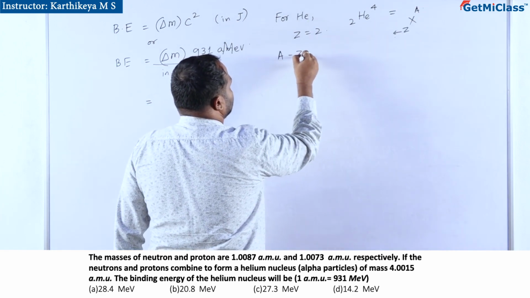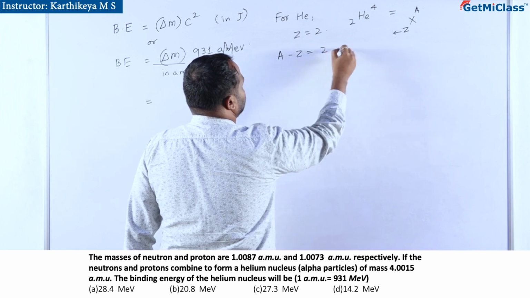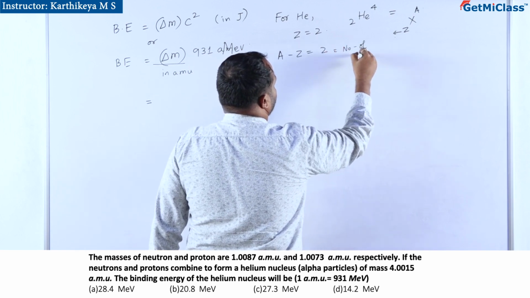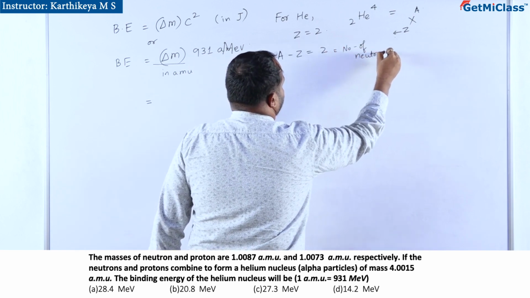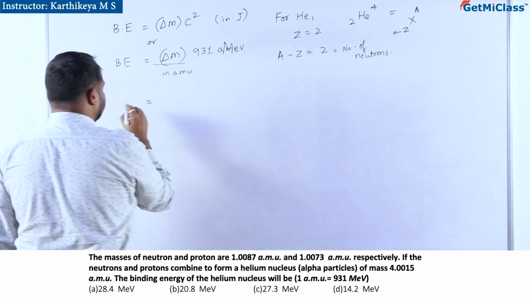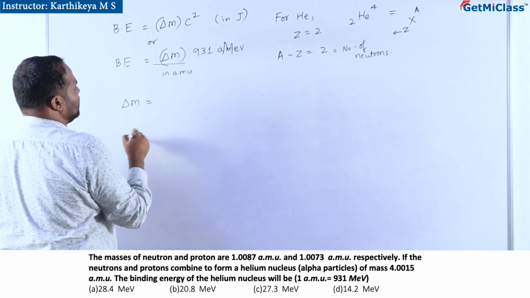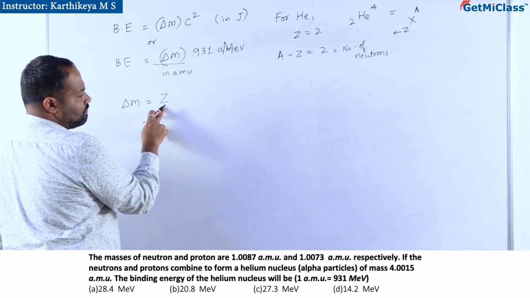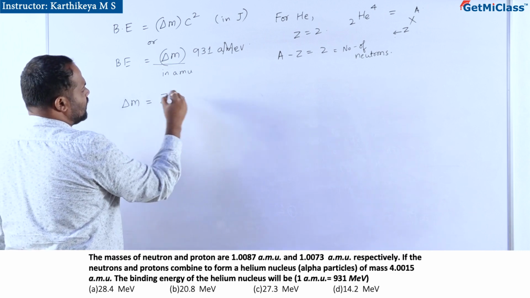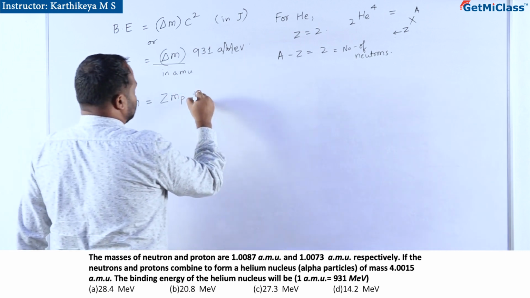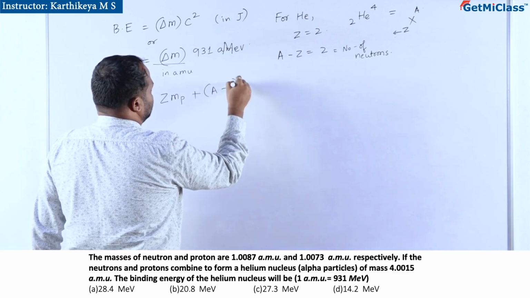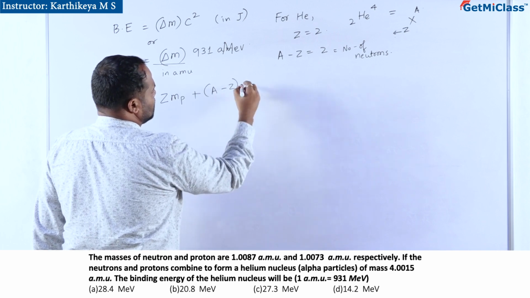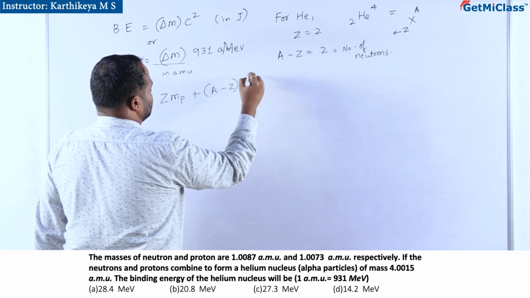So, A minus Z is also 2, that is number of neutrons. So, now delta m is Z, number of protons into mass of the proton plus A minus Z, that is number of neutrons into mass of the neutron.